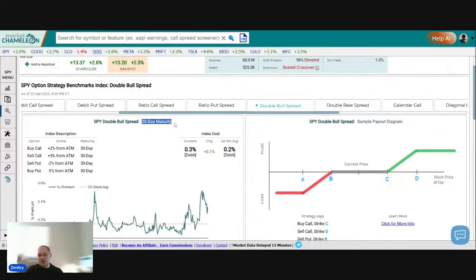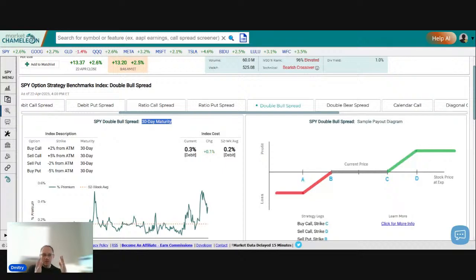And to get that, we use a weighted average formula or methodology similar to the VIX. Once we have the 30-day maturity, then we need to establish, well, which strikes are we looking at? Because you could have a call spread that's way out of the money. You could have it a little bit out of the money.